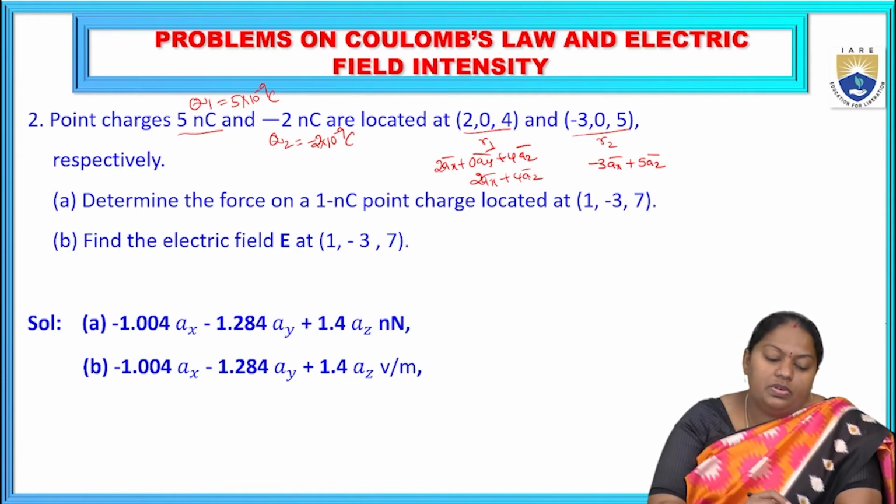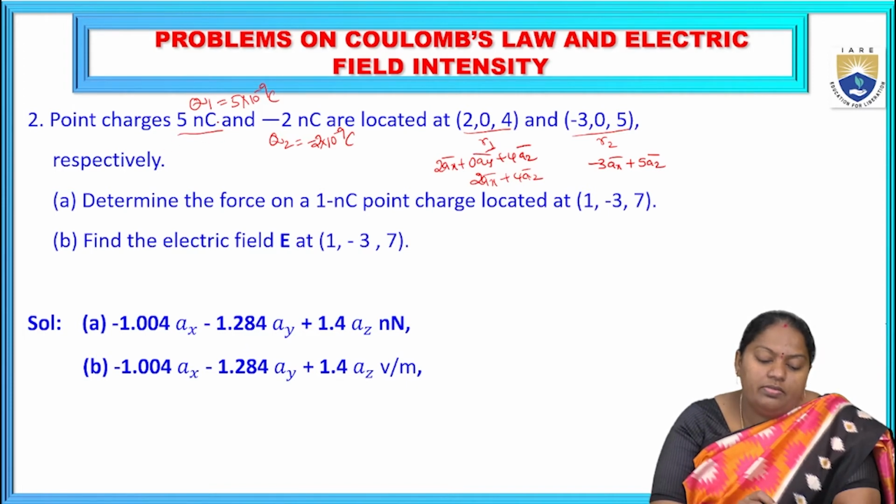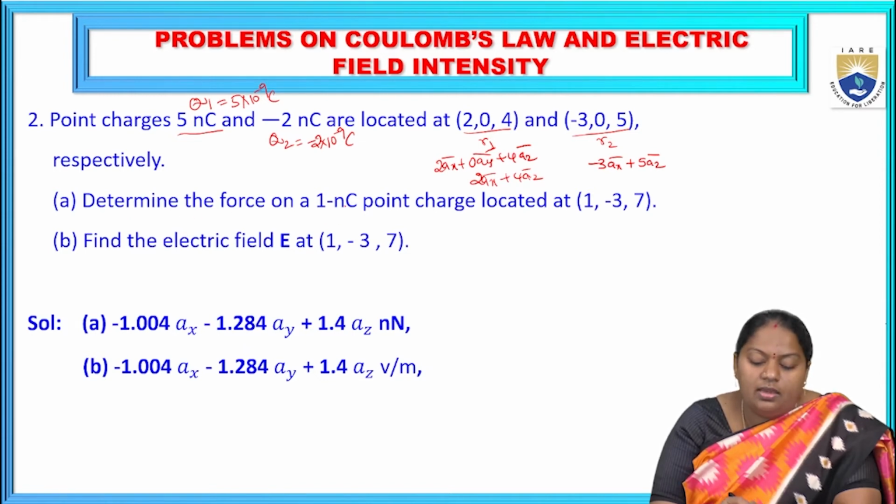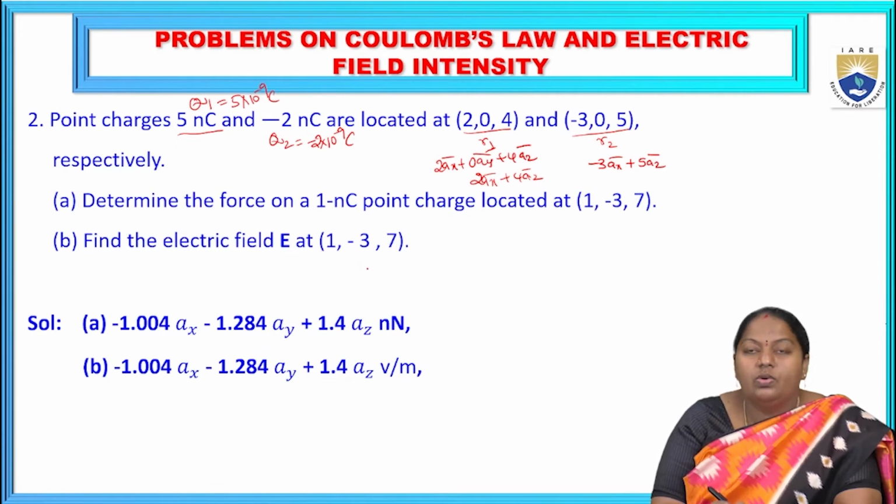So first of all, from the given data, we have to identify that Q1 and Q2 values are represented in nanocoulombs, and R1 and R2 are given like this. Now, what are we going to find out? Determine the force on a 1 nanocoulomb point charge located at (1, -3, 7) and find the electric field E at this particular point (1, -3, 7).